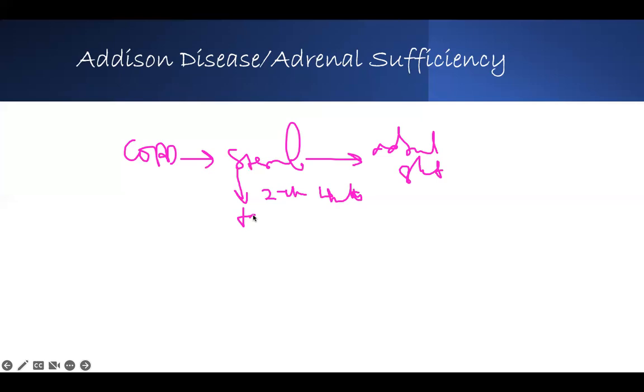Slowly, they need to what? Taper it. If they don't taper it, the adrenal gland will not have time to take over and make the daily steroid that you need. And if that happens, they'll go into adrenal crisis. That's what we call adrenal crisis.